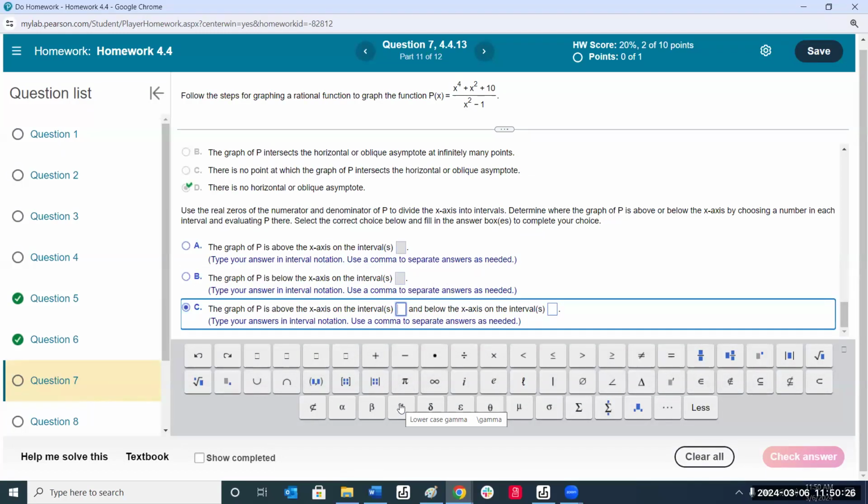So it's above the x-axis from -infinity to -1, and then from 1 to positive infinity. And it's below it from -1 to 1.